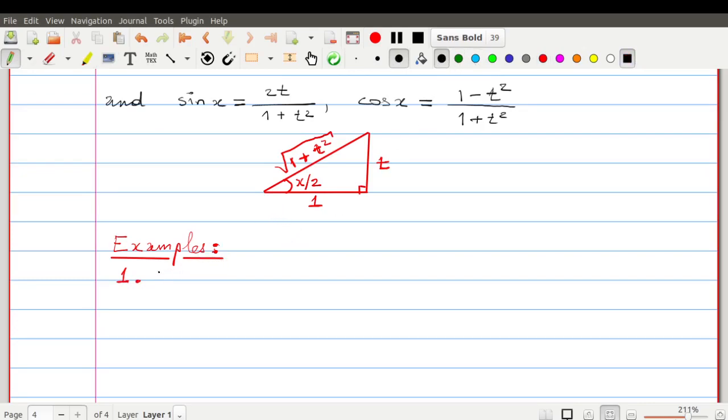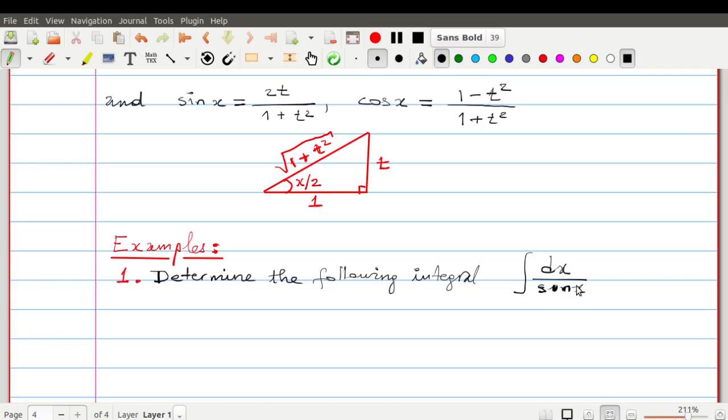Determine the following integral. We have the integral of the function 1 by sine x. So we want to integrate this.